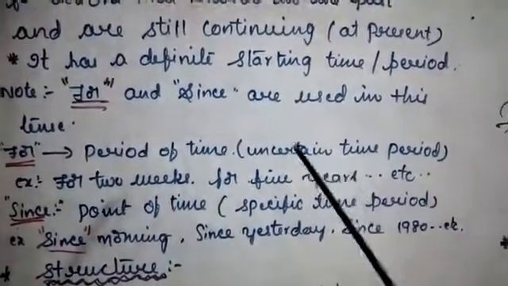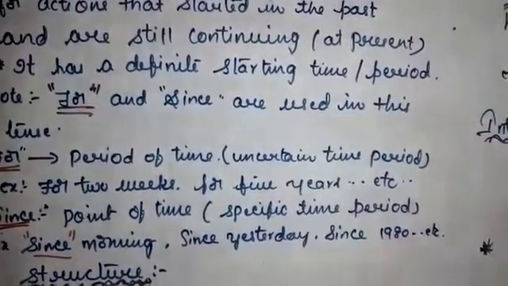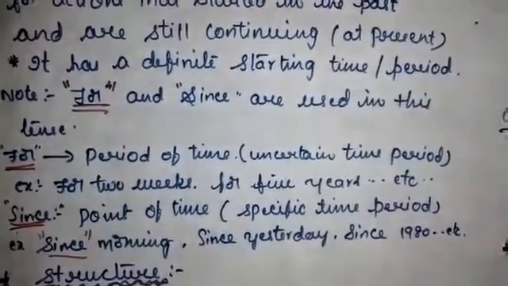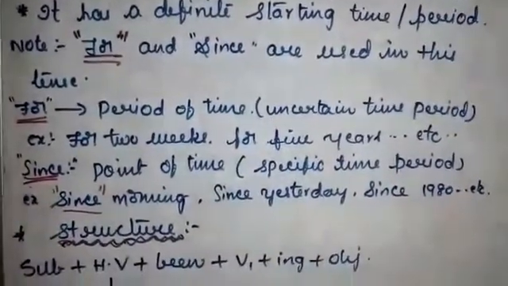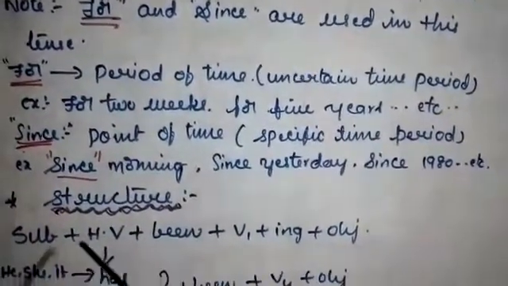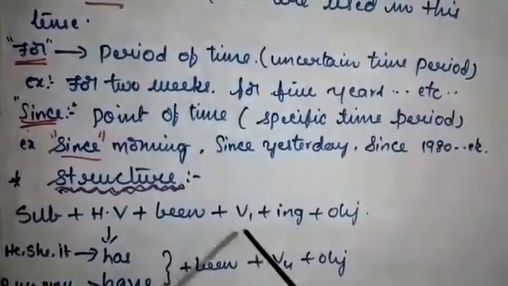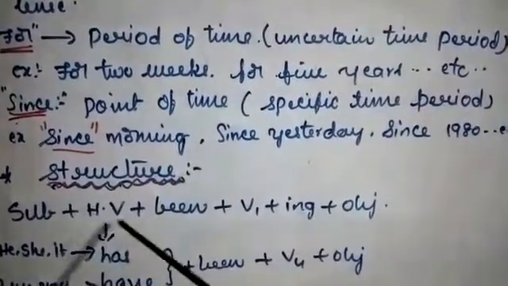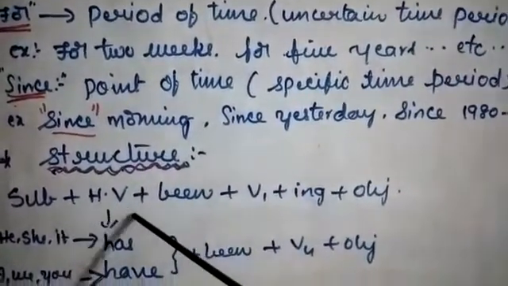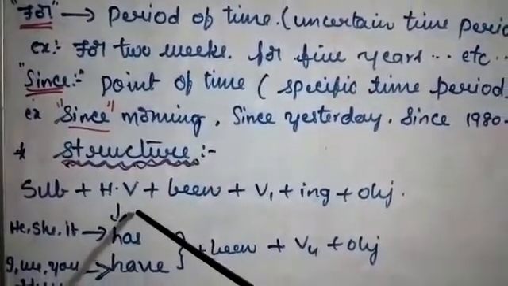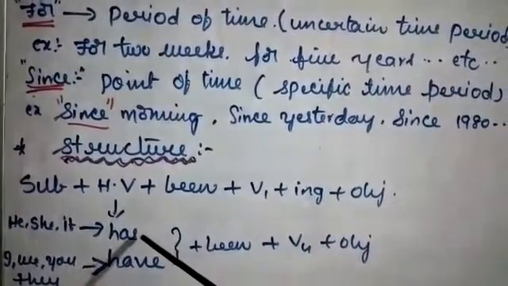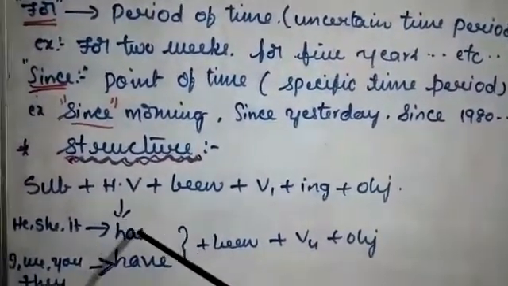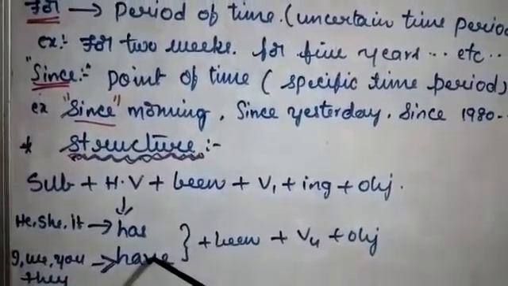Already I have told you that tenses depend on two things, structure and usage. Now we will see the structure of present perfect continuous tense. The structure is subject plus helping verb plus been plus V1 plus ing form plus object. The helping verbs used in this tense are the same as in present perfect tense: has or have.